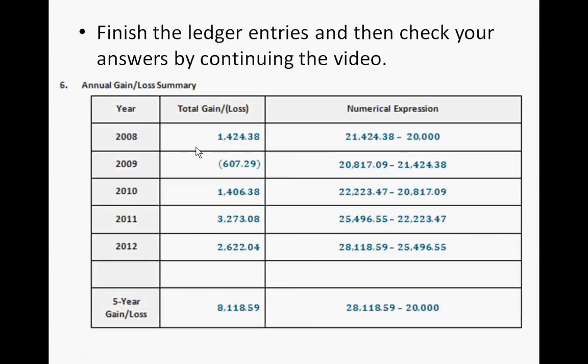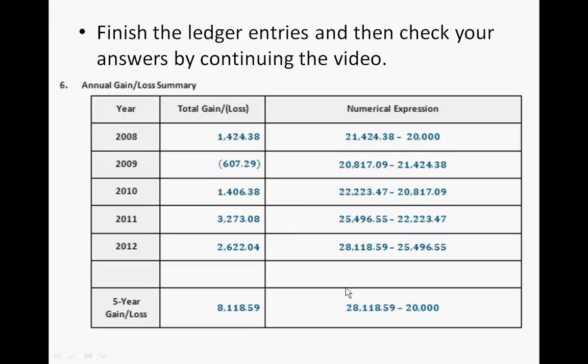And this is what you should have. For 2009, there was actually a loss of $607.29. For 2010, there was a gain of $406.38. Then another gain in 2011, and another gain in 2012.